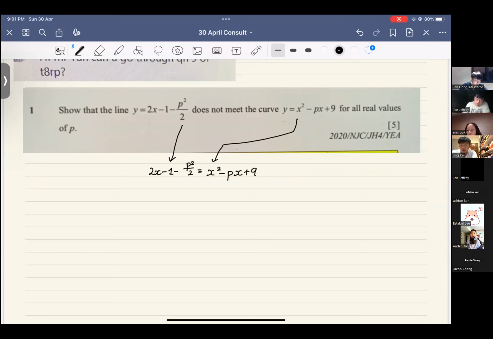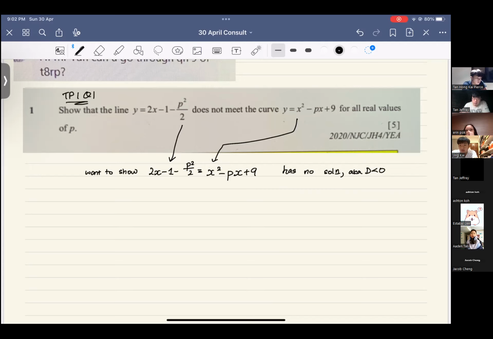I want to show that this has no solution, or discriminant less than 0. So if I want to show that the discriminant is less than 0, I need to form it in the form of ax squared plus bx plus c. Okay, so everybody, this is time prep 1, question 1.